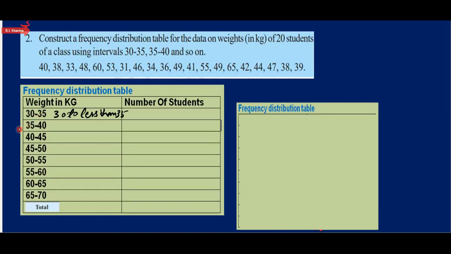And next is 35 to less than 40. Similarly, we have to take 40 kg to less than 45 kg, 45 kg to less than 50 kg, 50 to less than 55 kg, 55 to less than 60 kg, 60 to less than 65 kg, and 65 to less than 70 kg.